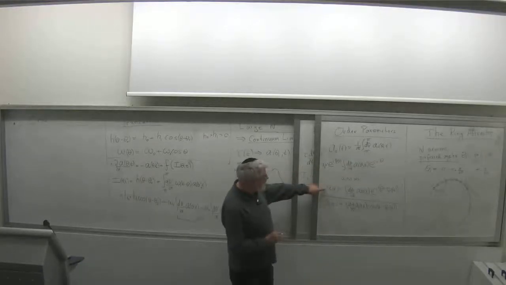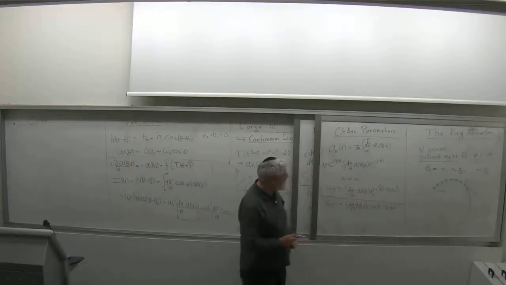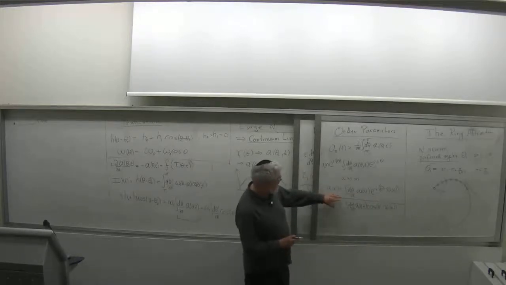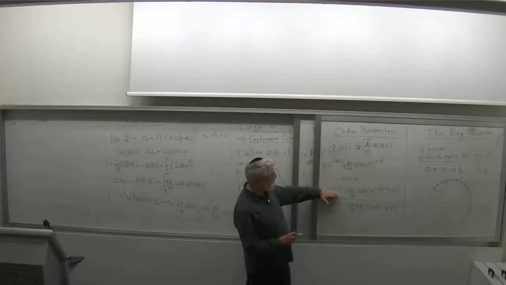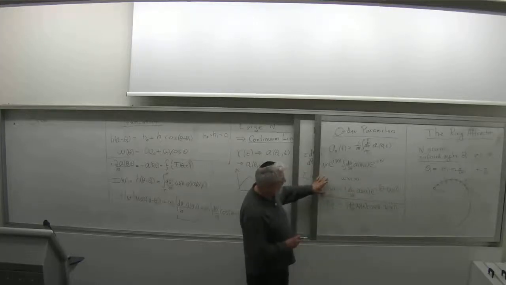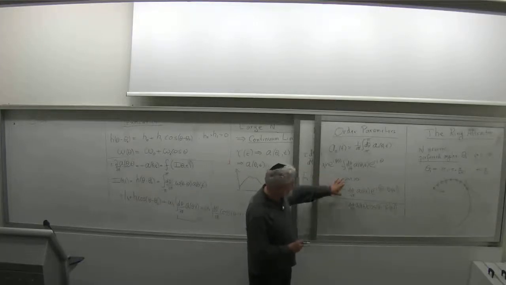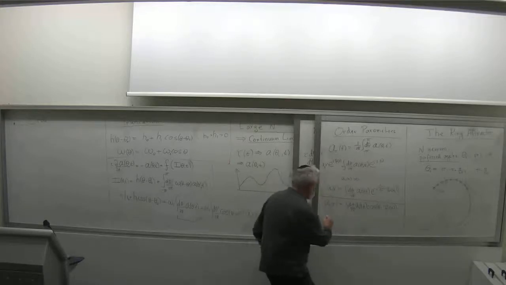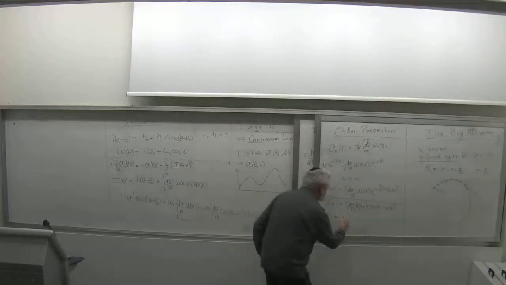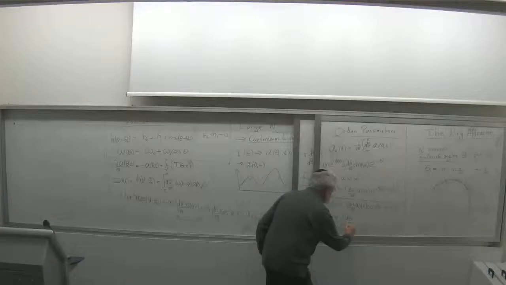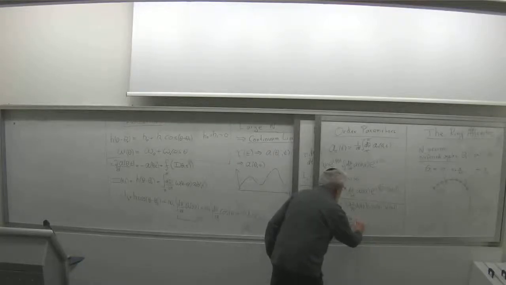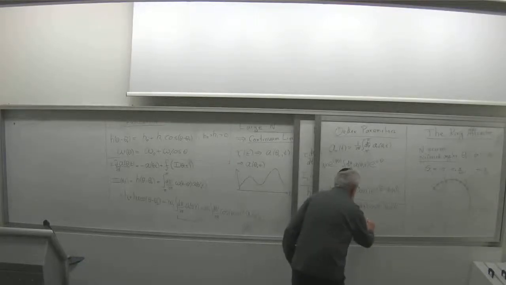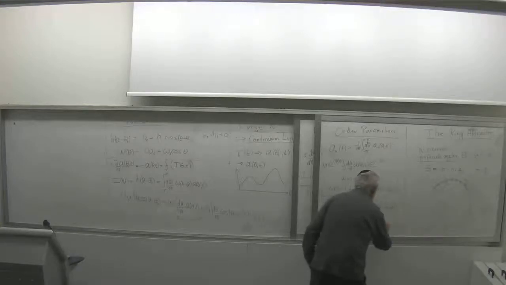Because A is real, it's identical to the cosine. And the imaginary part then has to be 0, because this equation is real. So 0 equals the integral d theta over 2 pi of A of theta and t times sine of theta minus psi of t.